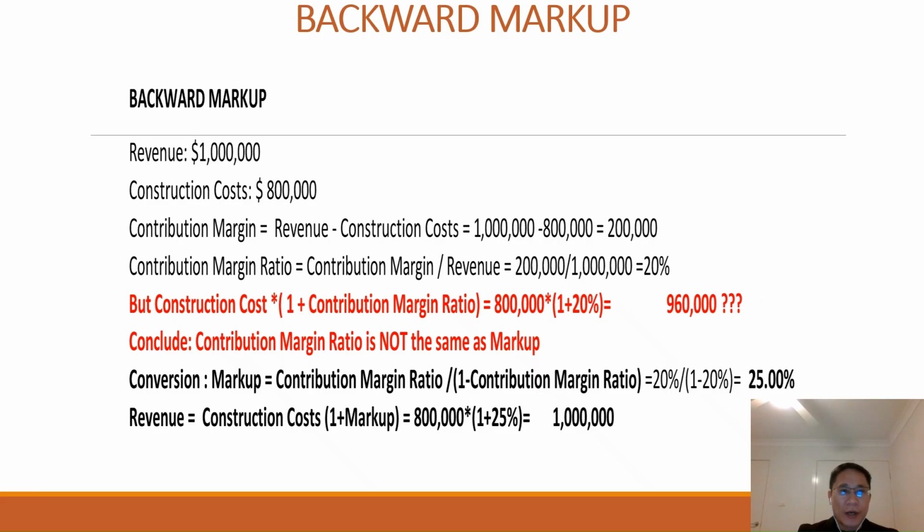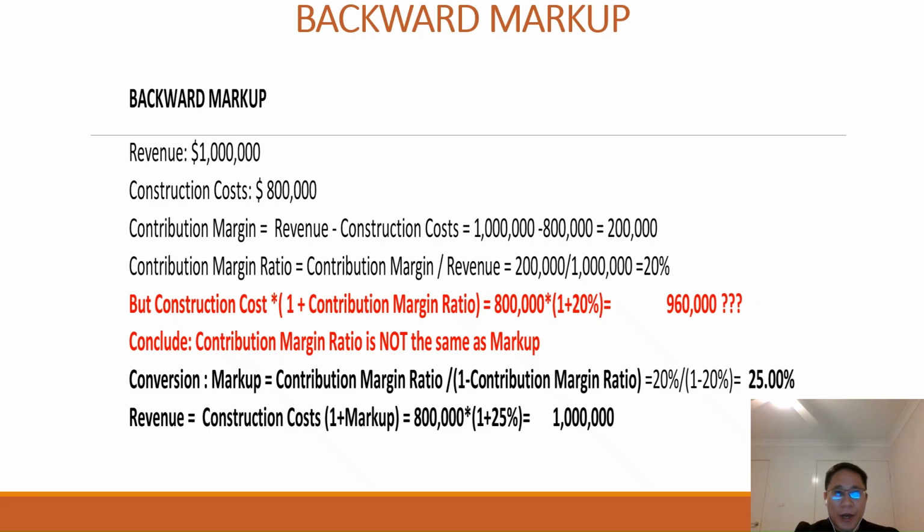As we remember, the contribution margin is equal to the general overhead cost plus profit. So 1 million minus 800,000 is equal to 200,000 for the contribution margin, which will cover the general overhead cost and profit.